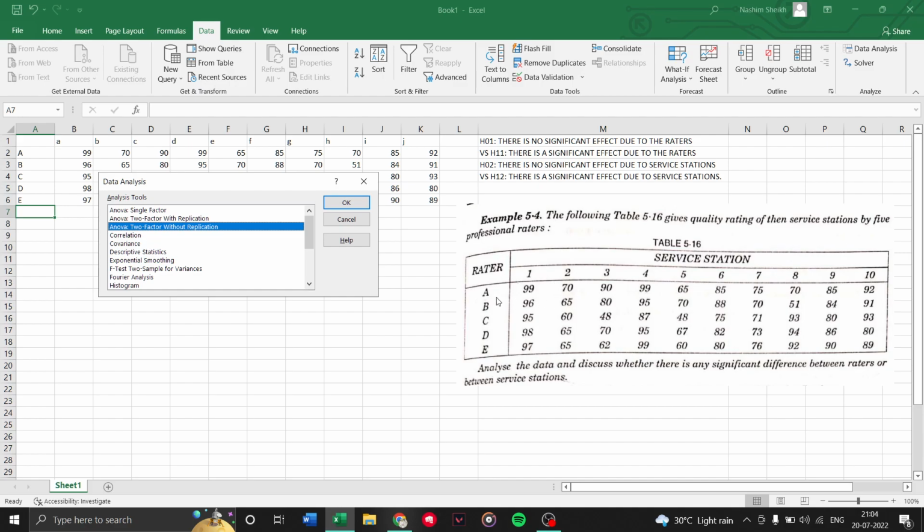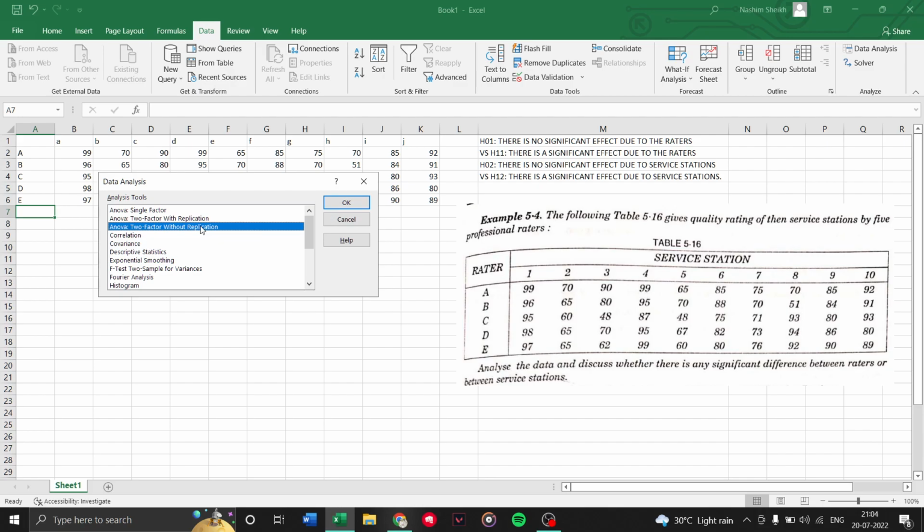There is no replication. Now it is not a good thing, because when we have replication we get a better idea about the nature of the variables, but as in this case we have just one value, we have to use the ANOVA two-factor without replication. For the replication part I will be making a next video on this topic.